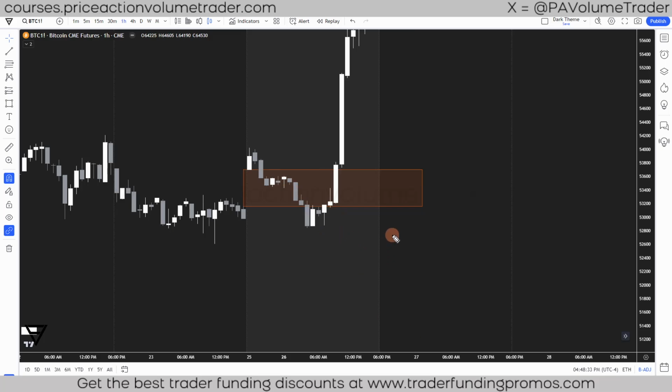So the directional move, that's not what we're trying to predict. All we're trying to do is use this as a target for filling in eventually when the market opens back up. Okay, and you can reference both the CME and a regular Bitcoin chart just to look for price action patterns, etc.